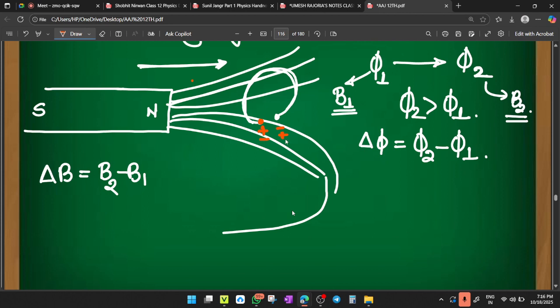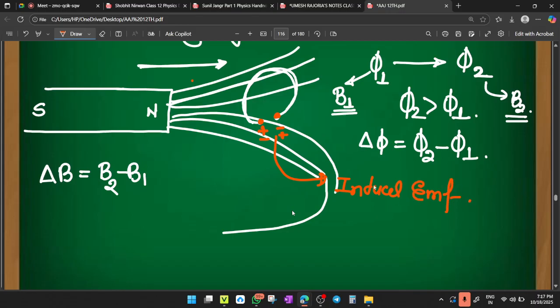This is called induced EMF. It may be 1 volt, 2 volt, or 3 volt, but some voltage will develop across these two terminals. This EMF is called induced EMF. Understood?